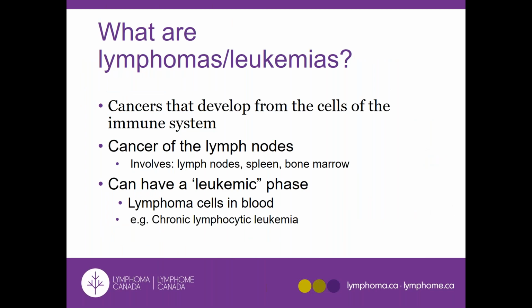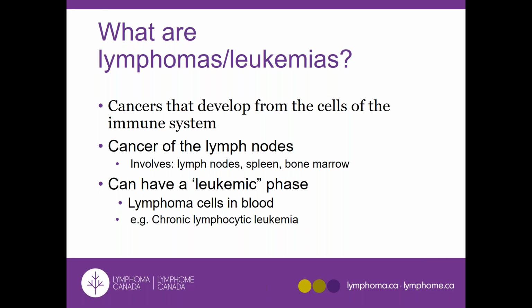So what are lymphomas or leukemias that involve the lymph system? These are cancers that develop from the cells of the immune system and of the lymphatic system that I highlighted in the previous slide. So it can be a cancer of the lymph nodes, so involving the lymph nodes, the spleen, the bone marrow, and can have a leukemic phase. And leukemia really just means that there are white blood cells circulating in the blood that can be picked out.